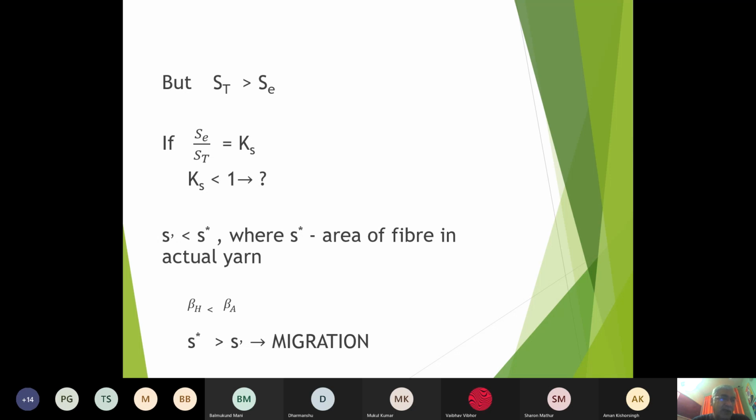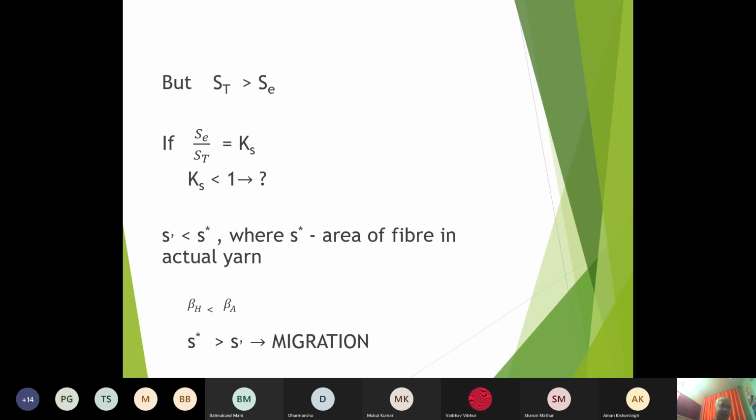But if the fibers are inclined, the number of fibers in yarn cross section will reduce the moment I cut the cross section. And the moment the fibers are inclined, the area of individual fiber will increase. And Ks is depending on the area occupied by the fibers.